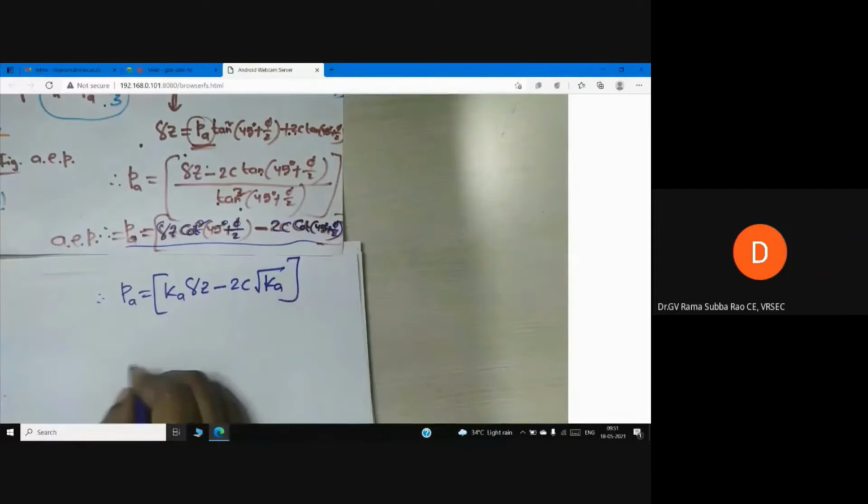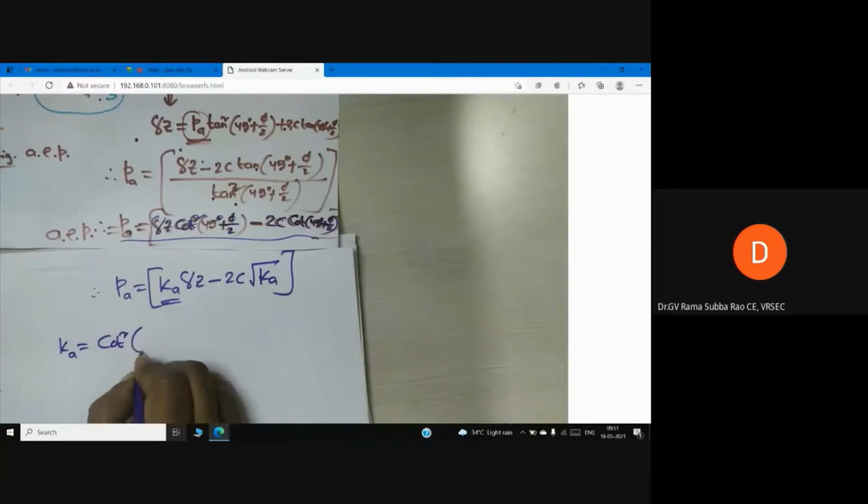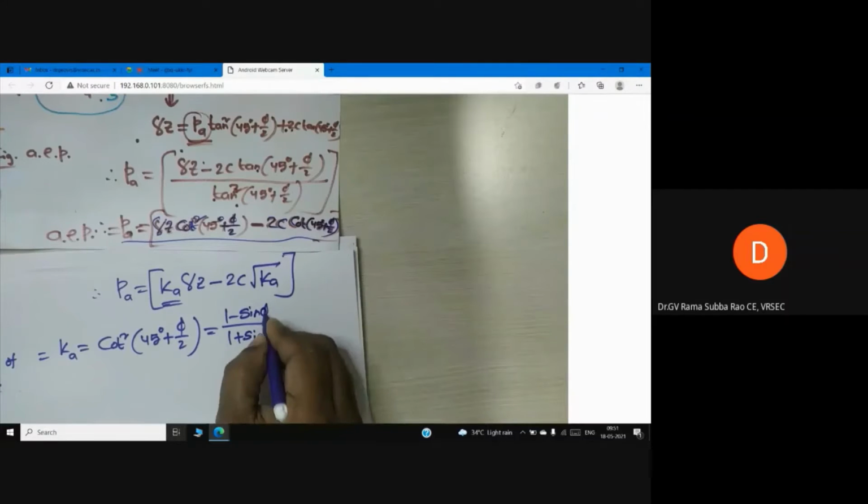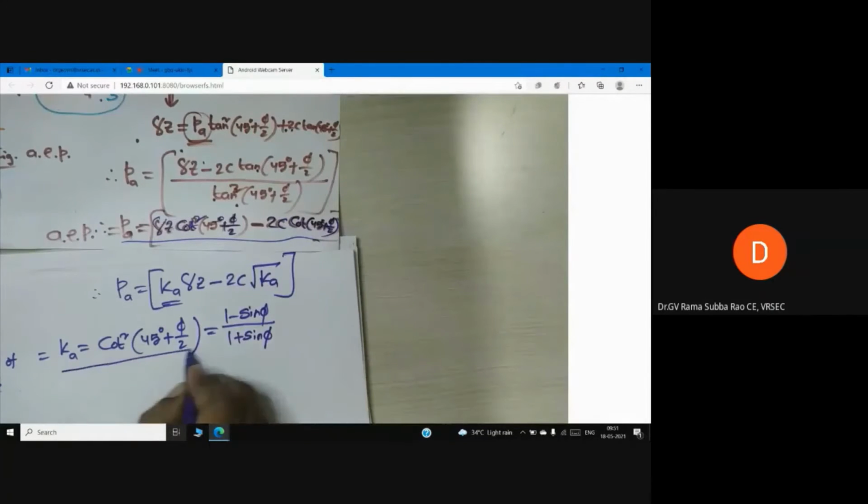Someone can ask me, sir, how you are writing Ka? We all know Ka is equal to cot square (45 plus phi/2). Ka means coefficient of active earth pressure, which is equal to (1 minus sin phi) by (1 plus sin phi). We have our own background now, so you cannot say, sir, I don't know what is cot square (45 plus phi/2). Yes, it is nothing but Ka.